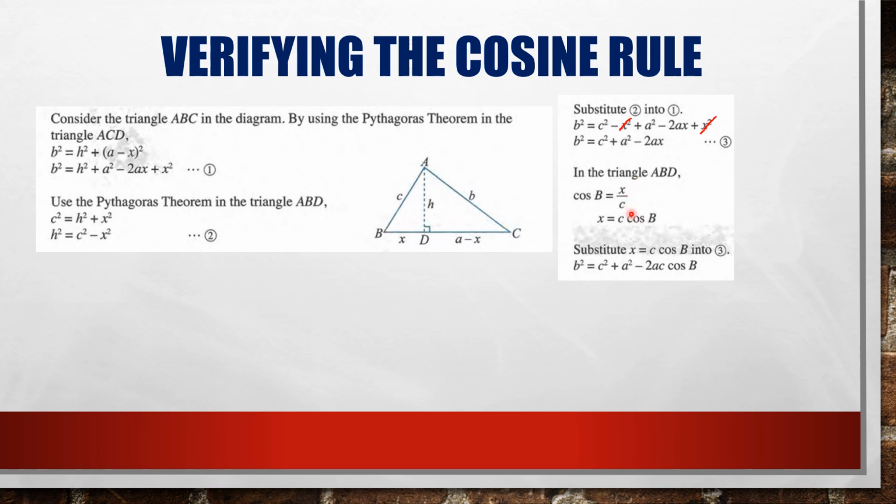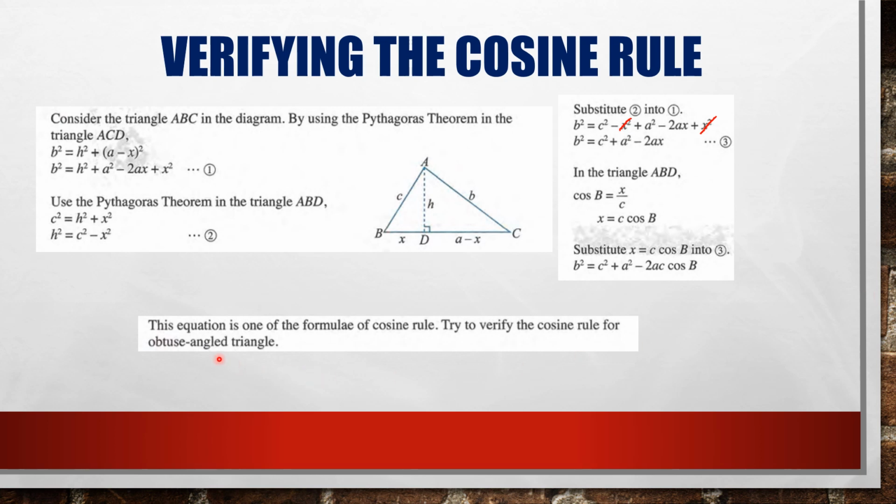From here we find that x equals c times cos B. We substitute x equals c cos B into this third equation, so we eliminate our x. We will get b square equals c square plus a square minus 2ac cos B. So this equation is one of the formulas of the cosine rule.